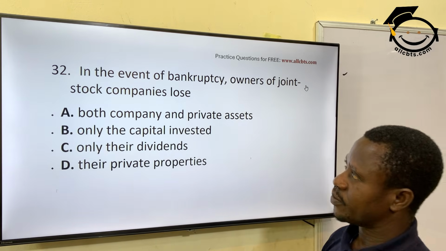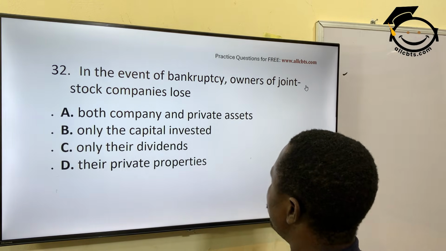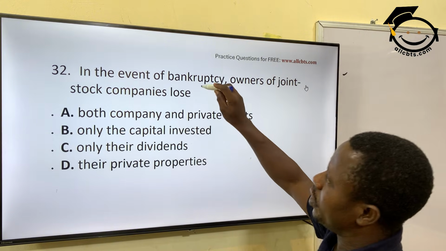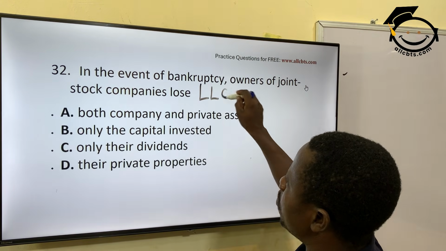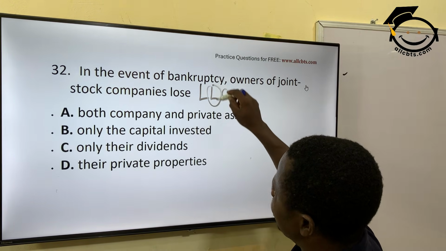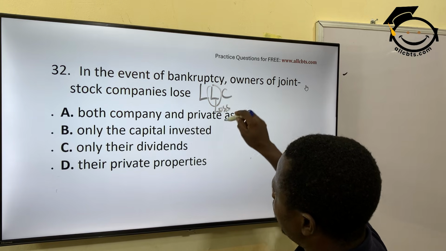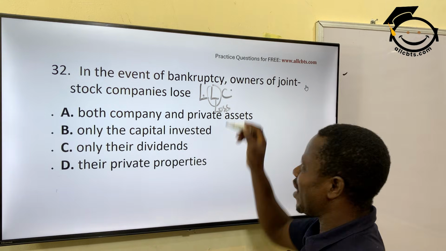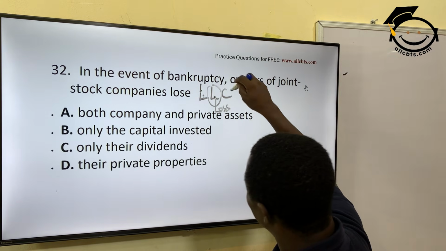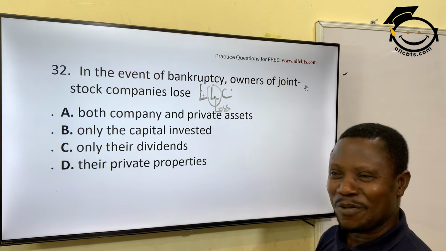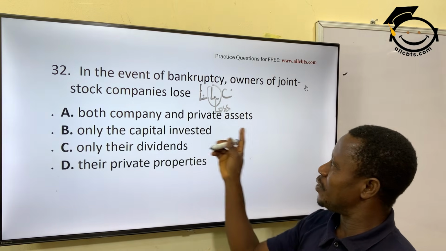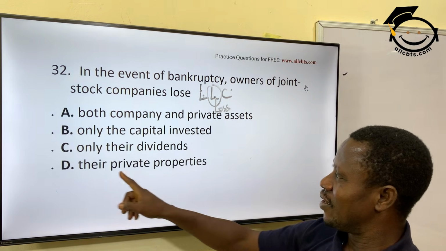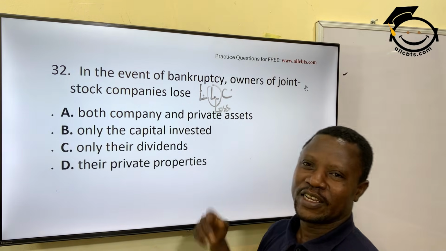In the event of bankruptcy, owners of a joint stock company lose what? A joint stock company is also known as a limited liability company. In other words, my liability, meaning loss, is limited to the company. So not both company and private assets, only the capital invested, not their private dividends, only the capital invested.